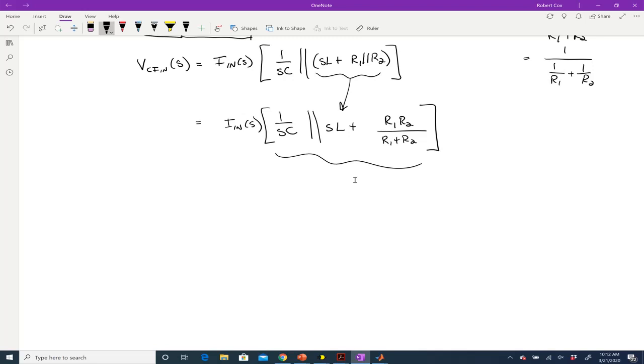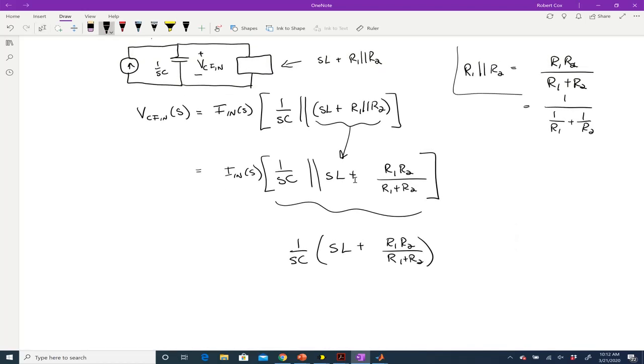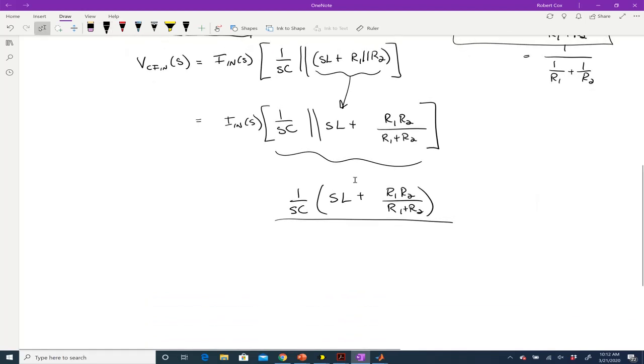On the top I'm multiplying the two things, and on the bottom I'm adding them. So I have 1 over SC times SL plus R1 R2 over R1 plus R2, over 1 over SC plus SL plus R1 R2 over R1 plus R2.